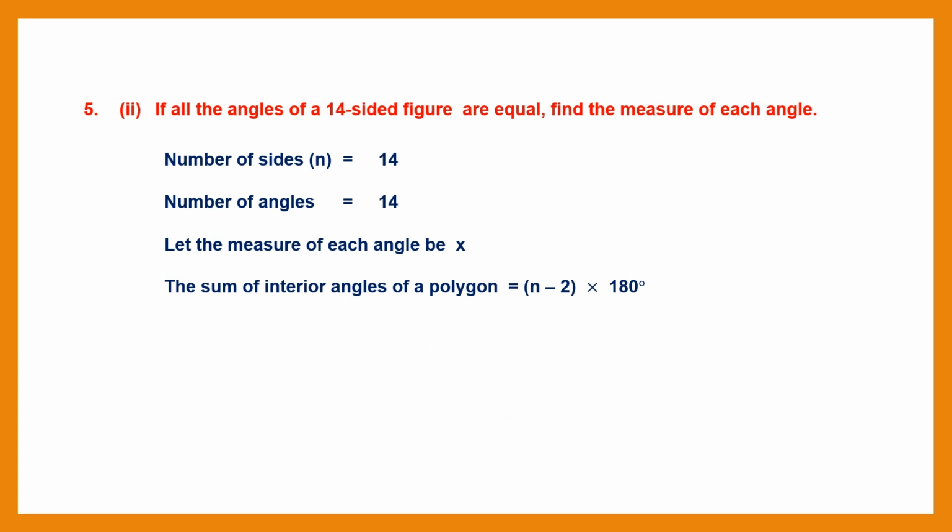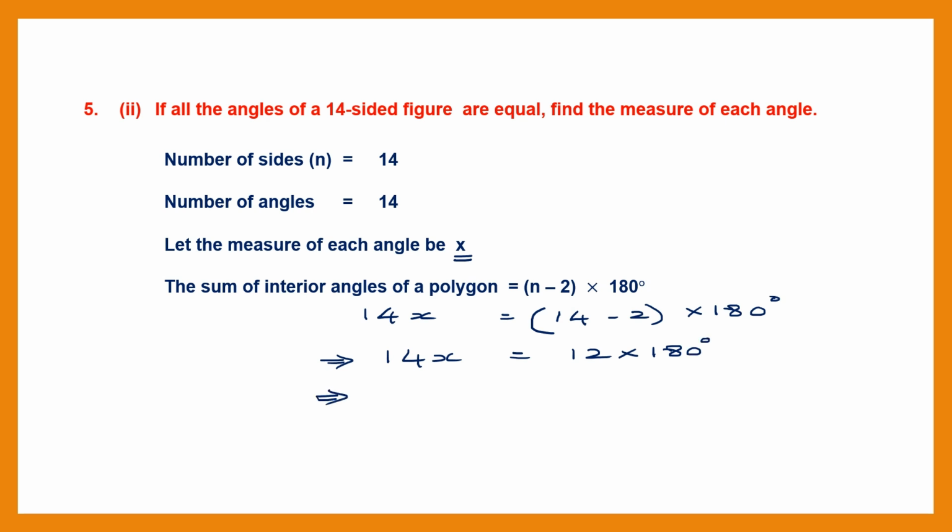So here each angle is x, that means 14 angles will be 14x. 14x is equal to (n minus 2) into 180 degrees, and n is the number of sides, which is 14. So 14x is equal to 14 minus 2 is 12, 12 into 180 degrees.